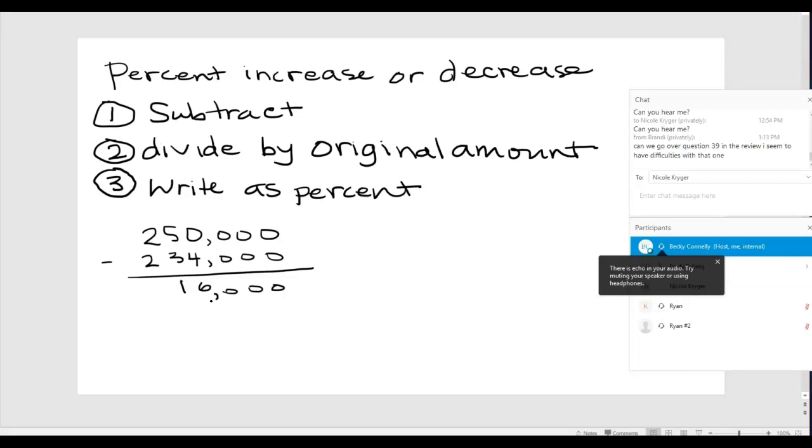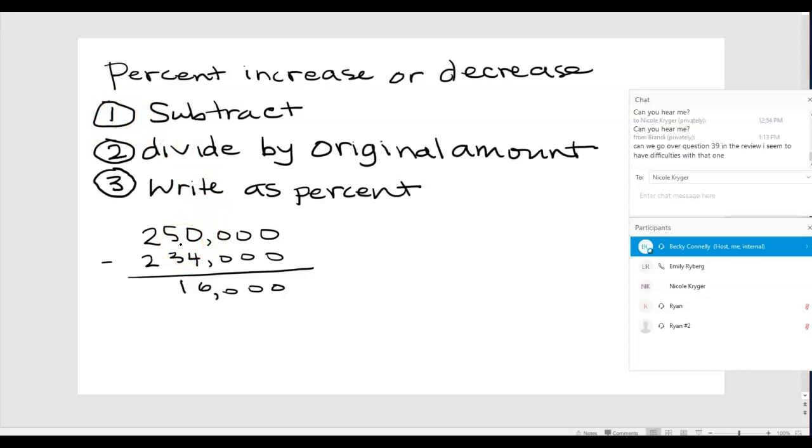Just always do the biggest number minus the smallest number, because your answer is going to end up being positive, and then you'll just have to notice that it's a percent decrease, but we don't want that negative number on there.